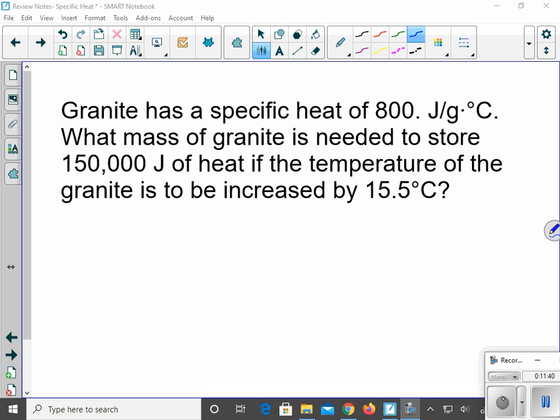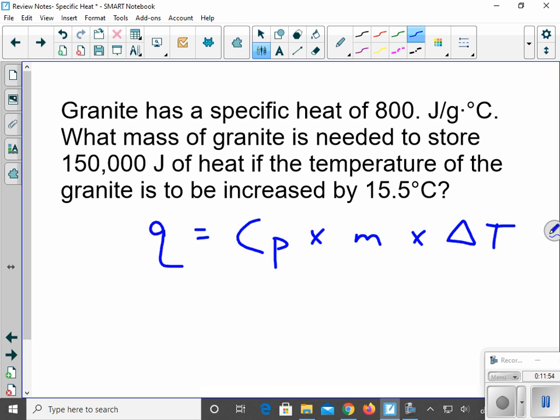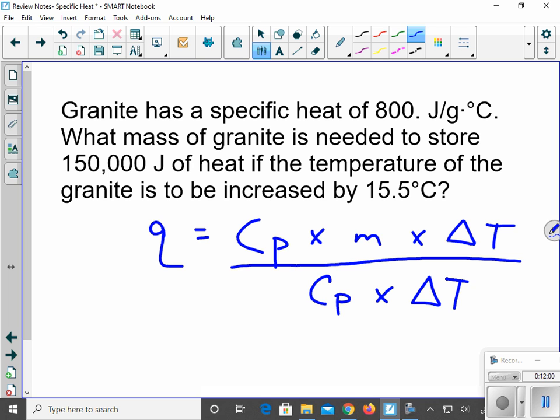So my change in temperature is already given to me. It's 15.5. So what I'm going to do is manipulate my equation to solve for the mass. I'm going to divide this side by the specific heat times the change in temperature. Well, what I do to one side, I have to do to the other.